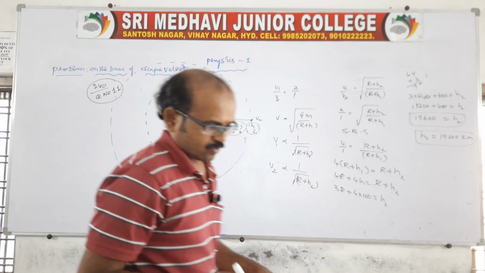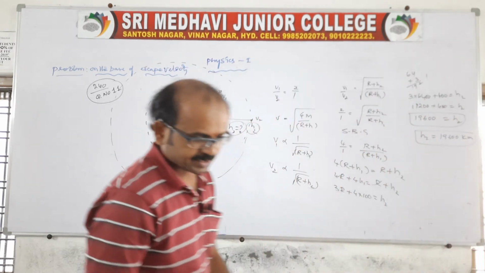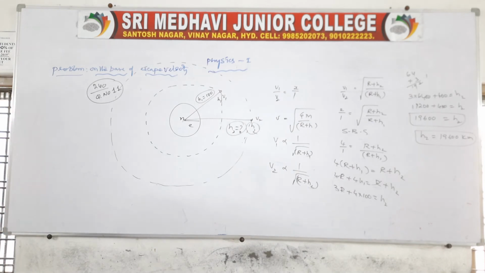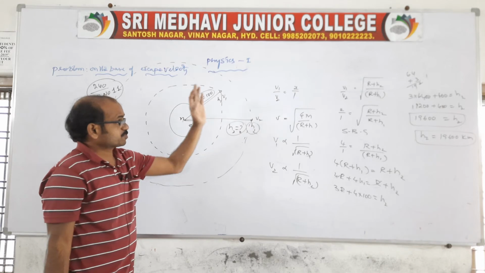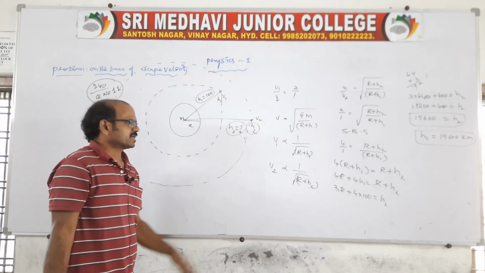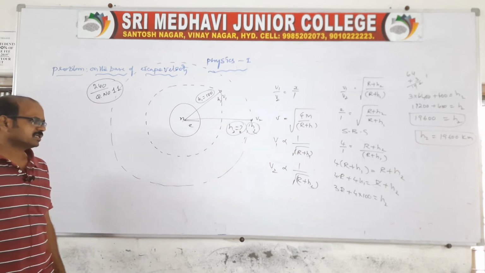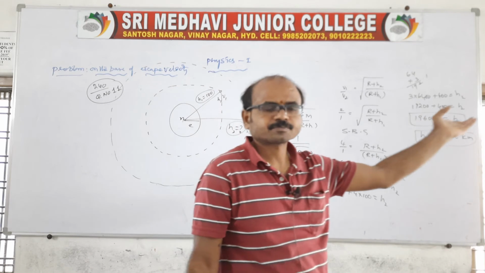So this is the one problem related to the orbital speed, right? Because two satellites are given at different heights and the ratio of speeds is also given. It is asking for the second satellite's height, so H2 we need to find, and we can get it this way.